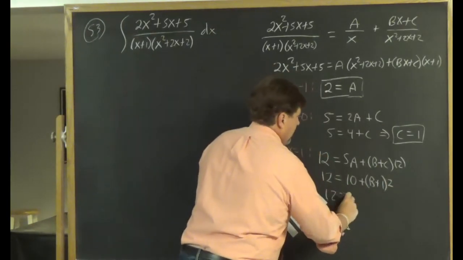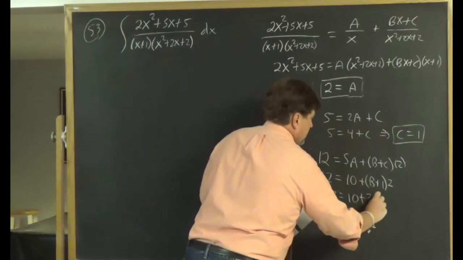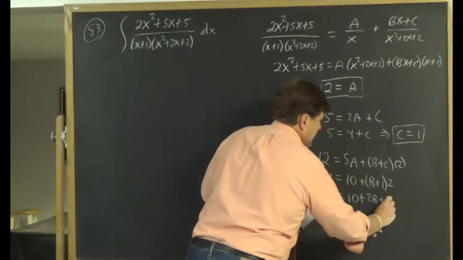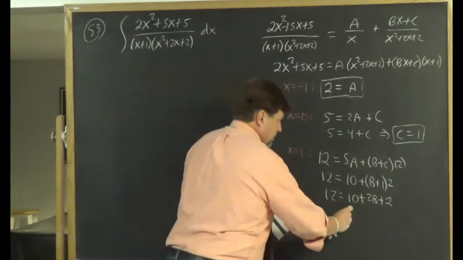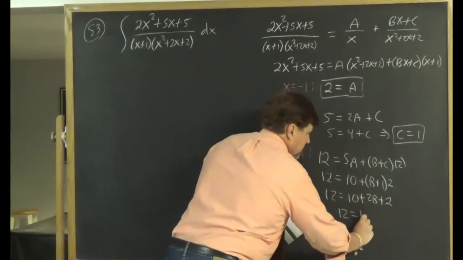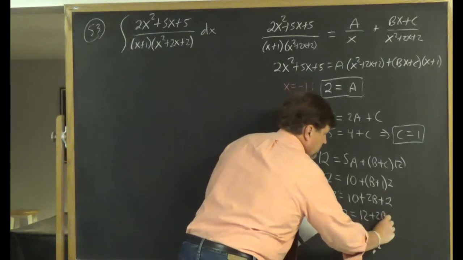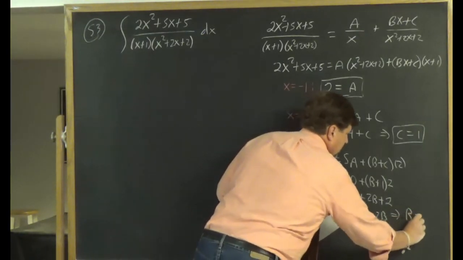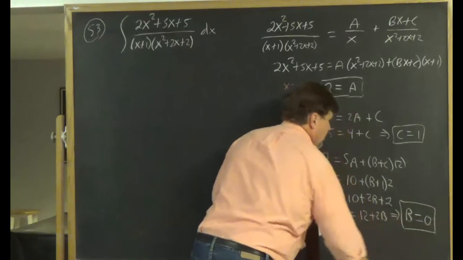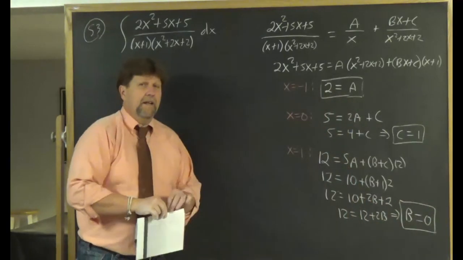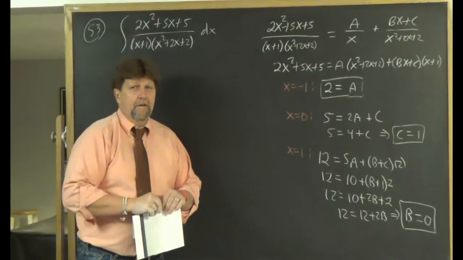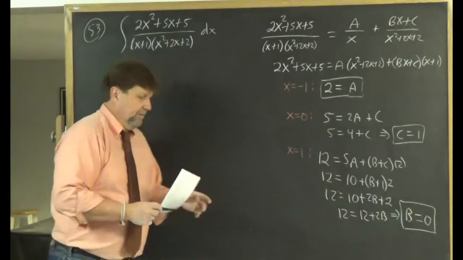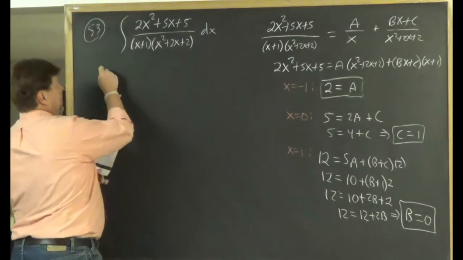So we get 12 equals 10 plus 2b plus 2. 12 equals 12 plus 2b. B is 0. Now that's not bad. Much easier than the example I did. So let's finish this off.